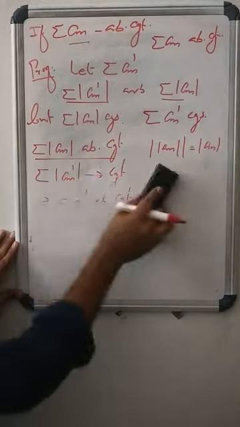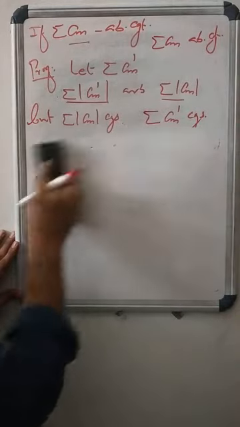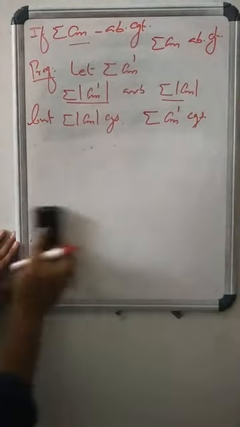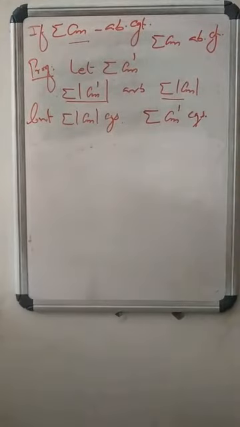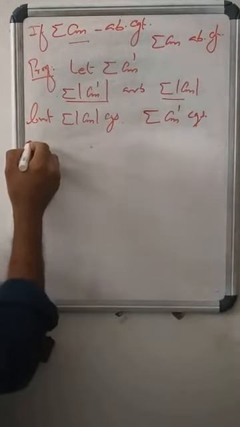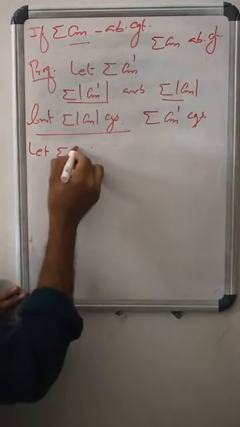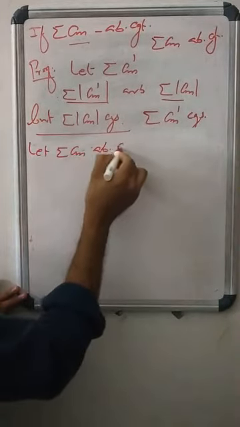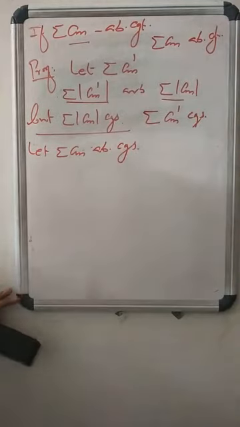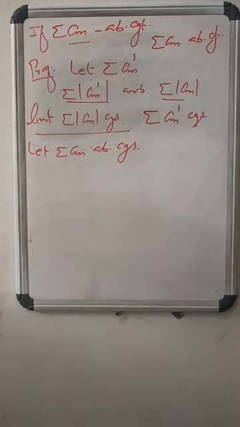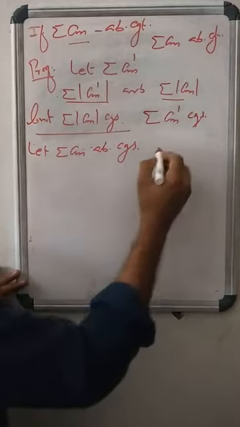Now let's suppose sigma an absolutely converges. Consider another one. Let sigma an absolutely converge, and let bn be a bounded sequence.